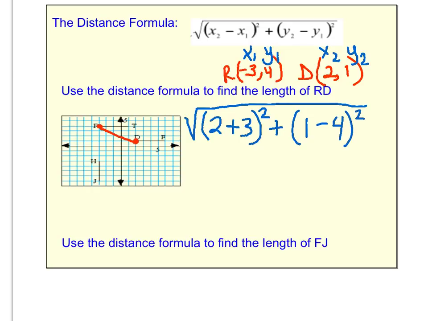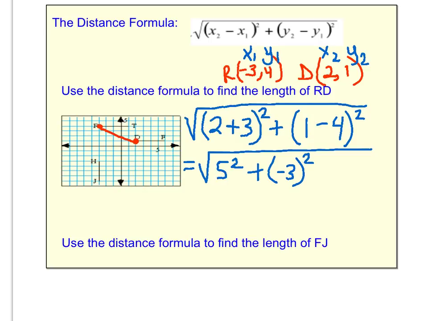Now I put my exponent and I just move on to order of operations. So of course I want to evaluate what's inside the parentheses first. So 2 plus 3, put my square root symbol. 2 plus 3 is 5, so I have 5 squared, plus 1 minus 4, which is negative 3. So I just continue to use the parentheses there just to remind myself that I'm dealing with this negative number.